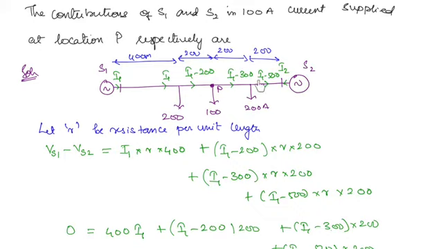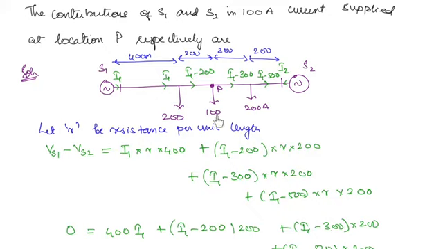We can also find I2. I1 minus 500 is equal to minus I2, and I1 minus 500 is minus 300, so I2 is 300. It is contributing 200 here and then 100 here. So the current through this section is going to be 0. Then what is the contribution of S1 in this 100 amperes?